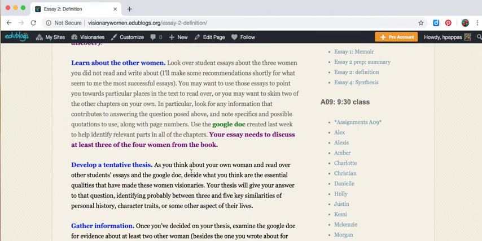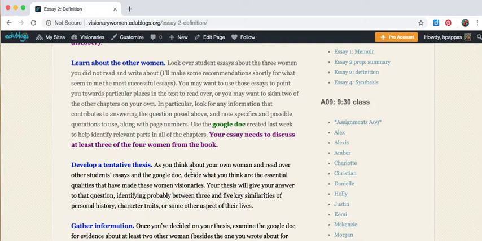And then you want to think in terms of developing a thesis. Initially, your thesis doesn't have to be a fully crafted sentence. It can just be the identification of those several qualities or similarities that you're going to focus on. That's going to be the organizing principle of your essay.